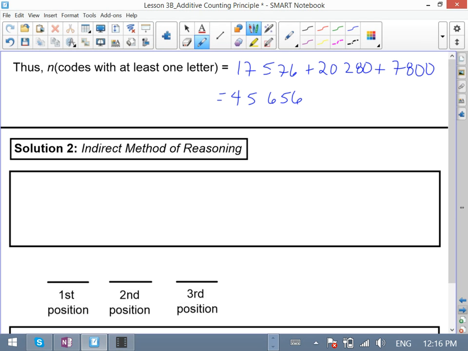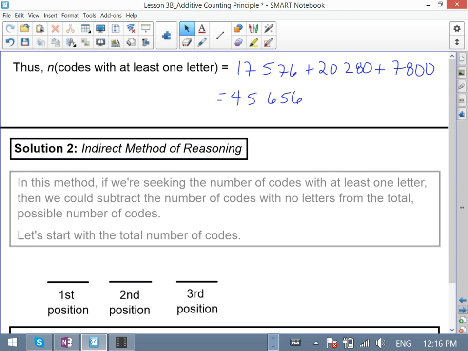If what we did was direct, that is, we had a direct approach to finding codes with at least 1 letter, what could be an alternate strategy to finding codes with at least 1 letter? Well, that strategy could be the following.